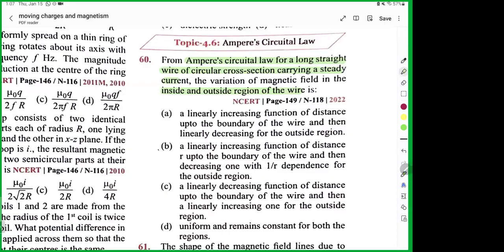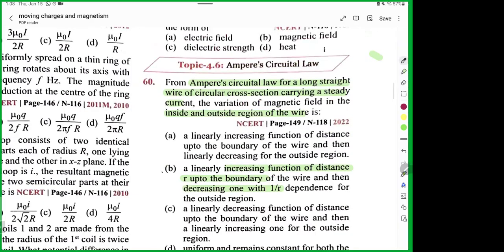See, in this case, your rod is like a cylinder, correct? The rod will be like your cylinder, so inside it will definitely increase with increase in the distance up to the boundary. After that it will decrease. How do we know? There are two methods, using Biot Savart law. You know, magnetic field inside depends upon r, magnetic field outside depends upon 1 by r. See in our notes.